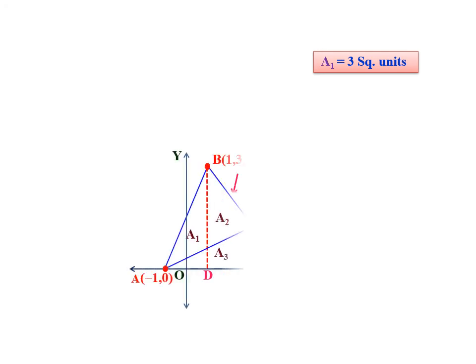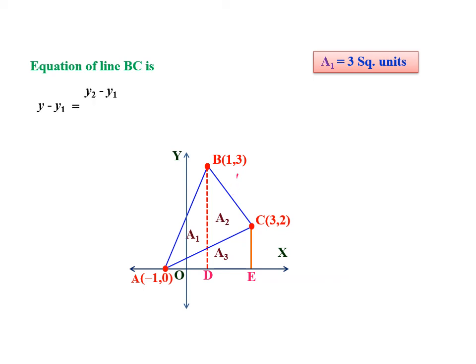Okay. Next, the last concept in this application is the area of a triangle given its three vertices. So here we are considering the three vertices A(minus 1, 0), B(1, 3) and C(3, 2).